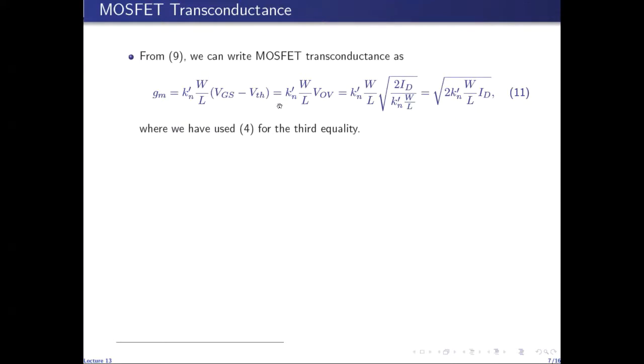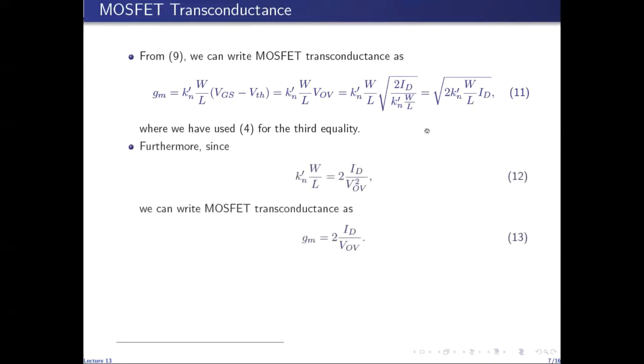This expression relates GM with the MOSFET transconductance parameter and the overdrive voltage, and this expression relates GM with the MOSFET transconductance parameter and the drain current. Furthermore, from the same expression of the DC component of the saturation current, we see that Kn prime W over L is 2ID over VOV square.